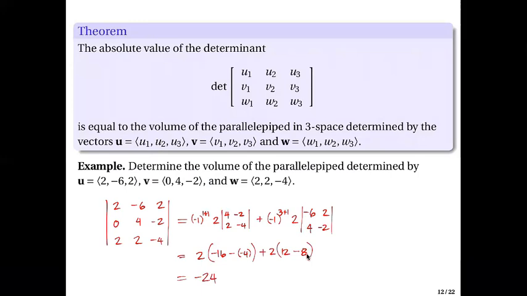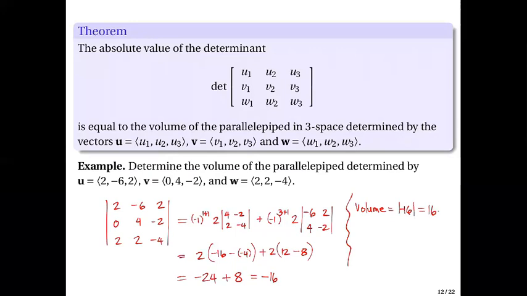Here you have 12 minus 8, that's 4 times 2, so plus 8. So this is equal to -16. That's the determinant. Now we need the absolute value to get the volume. So the volume equals the absolute value of -16, which is 16.